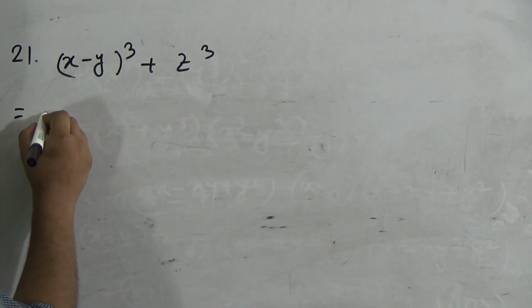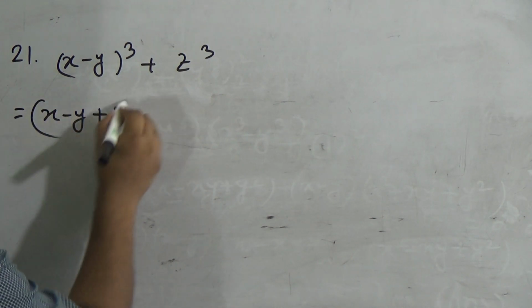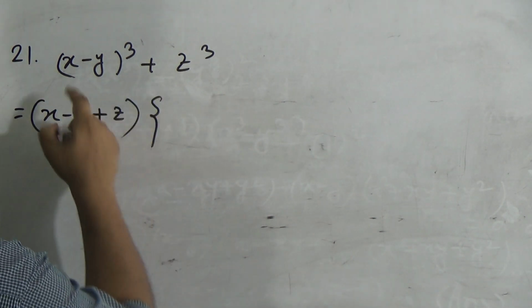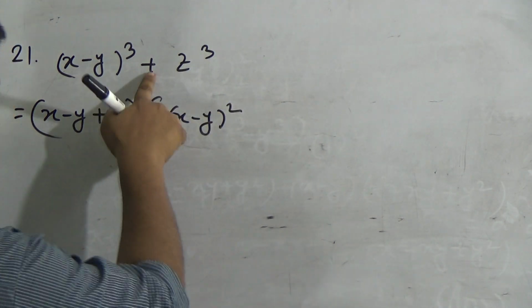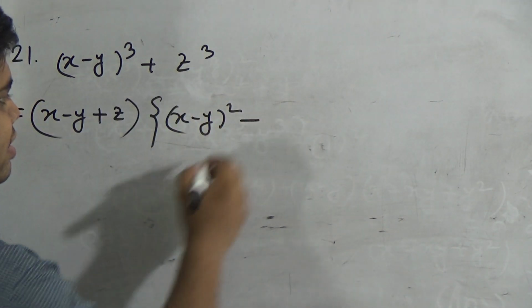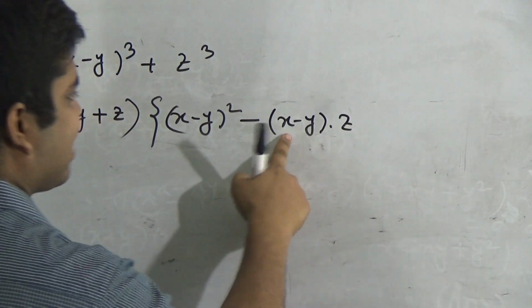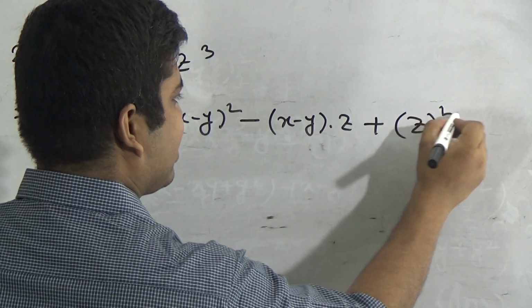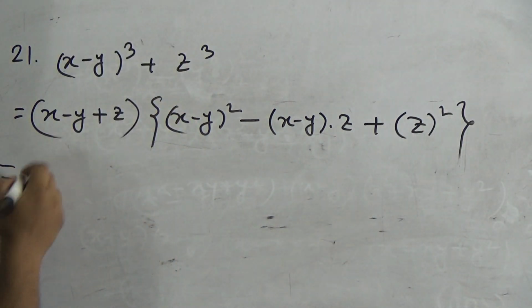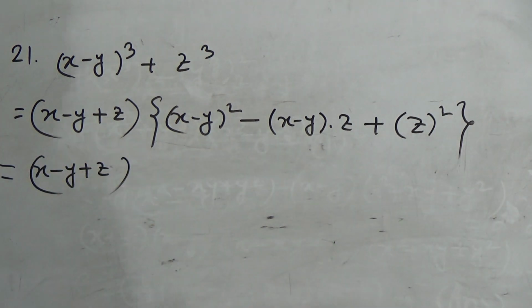So we write x minus y plus z into a square, where a means x minus y whole square, then minus a into b, that means x minus y into z, and plus b square, b means z whole square.